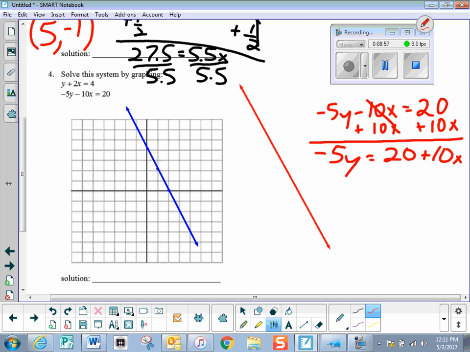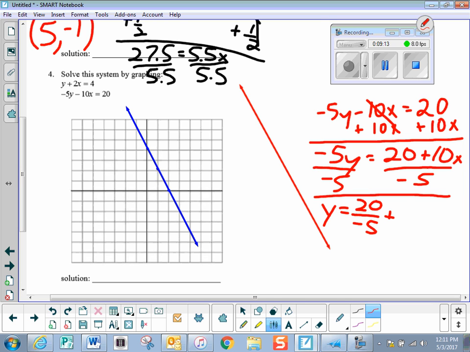Now what? Divide by -5. Here's the thing: I'm going to take one extra step to show you guys who did not understand. This is 20 over -5 plus 10x over -5.